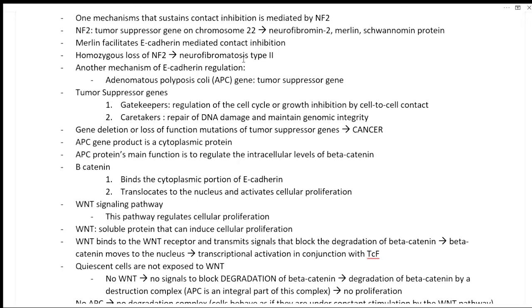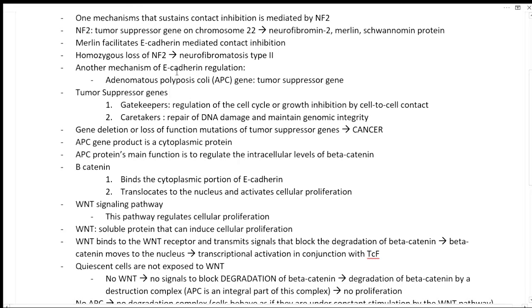If we lose NF2, we end up with something called neurofibromatosis type 2. In neurofibromatosis type 2, we see things like meningiomas, bilateral vestibular schwannomas, and juvenile cataracts. So a loss of the NF2 gene will lead to neurofibromatosis type 2.